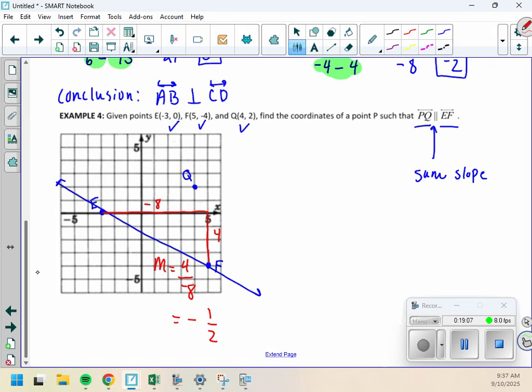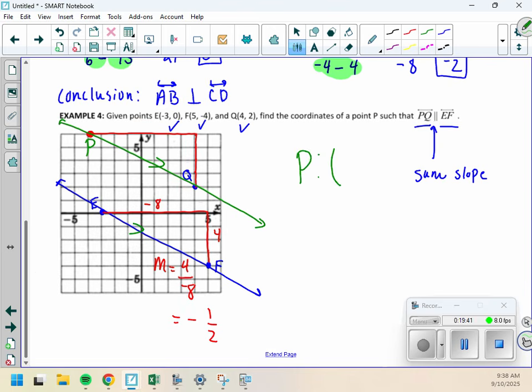So when I connect this point with point Q, we should get some nice parallel lines. So this line is definitely parallel to that line. So what is point P? Point P is the coordinate pair -4, 6, in order to get those parallel lines.